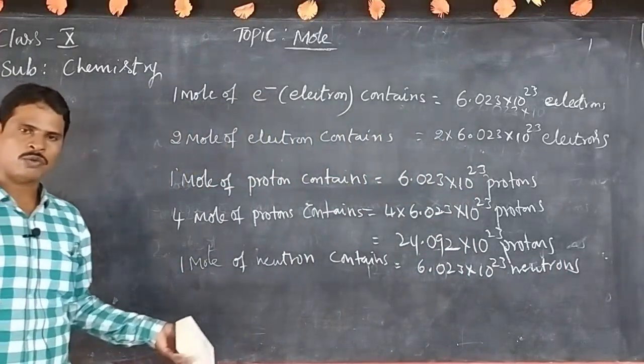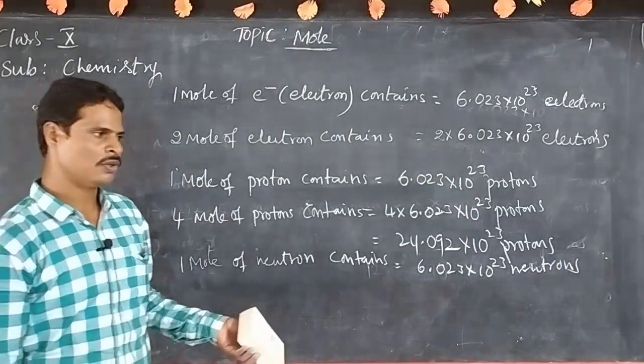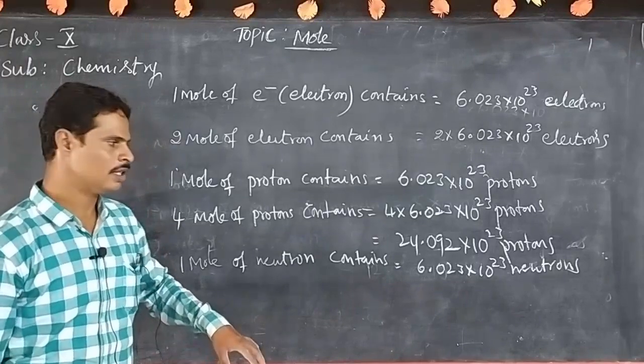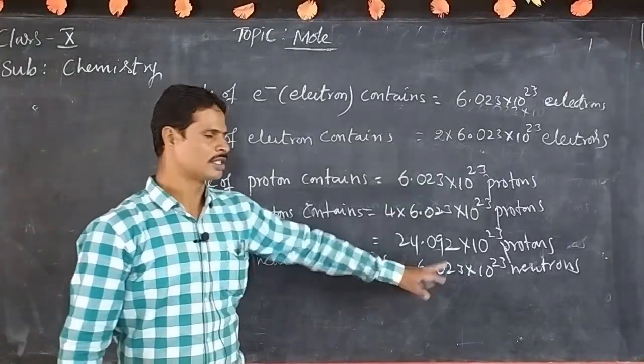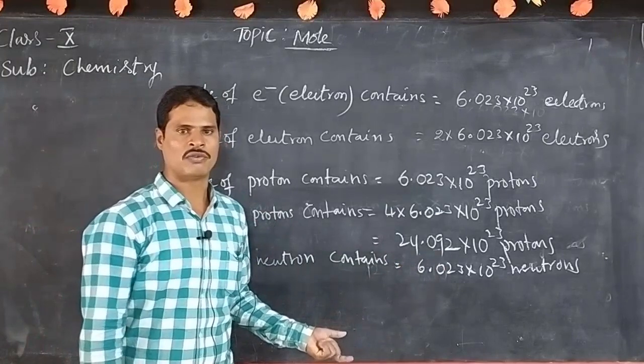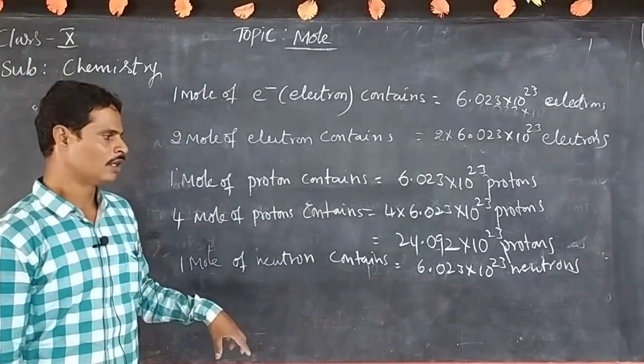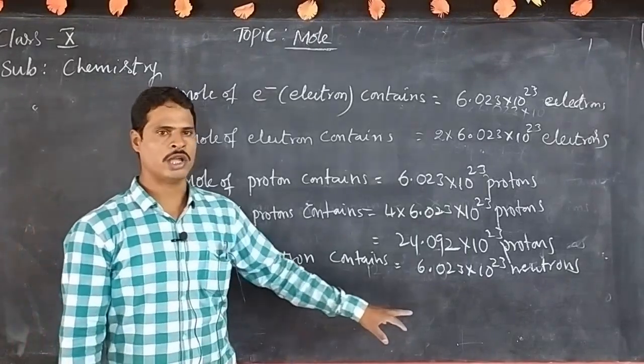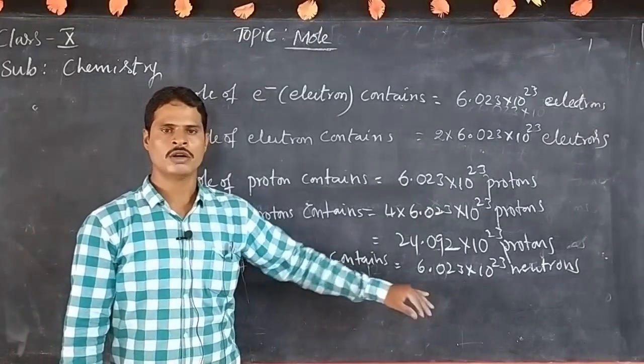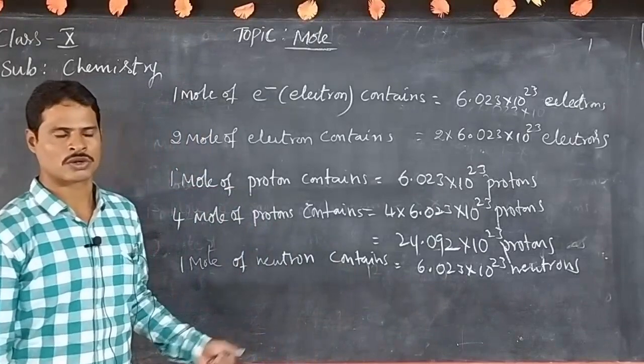If you want 4 moles of neutrons, how many particles? 4 into this value. If you want 5 moles of neutrons, then we multiply 5 into the Avogadro number.